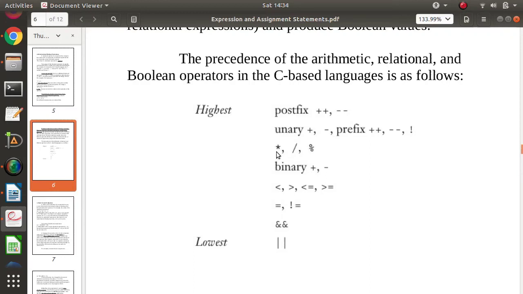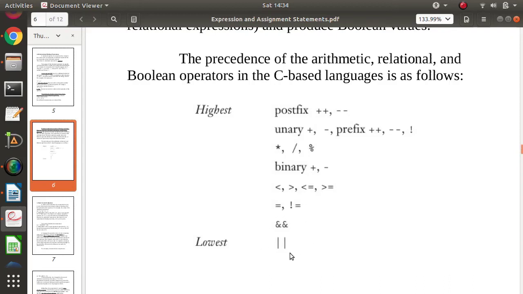In the third we have multiplication, division, and modulus. After that, binary, that is addition and subtraction. After that, the relational operators. So arithmetic expressions have higher precedence, and after that we have the precedence for relational operators: less than equal to, greater than equal to, then equal to, then not equal to.